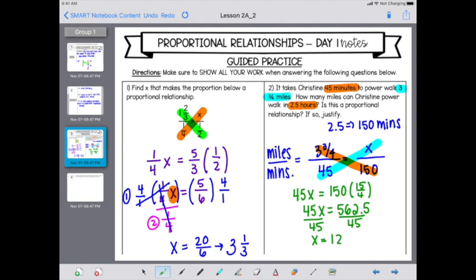You're going to get 12.5 miles. And then a way that you can test the proportionality and justify it is through cross products. You solved it by using cross multiplication. Or you can say that she is power walking at a constant rate. So you could have used either one.